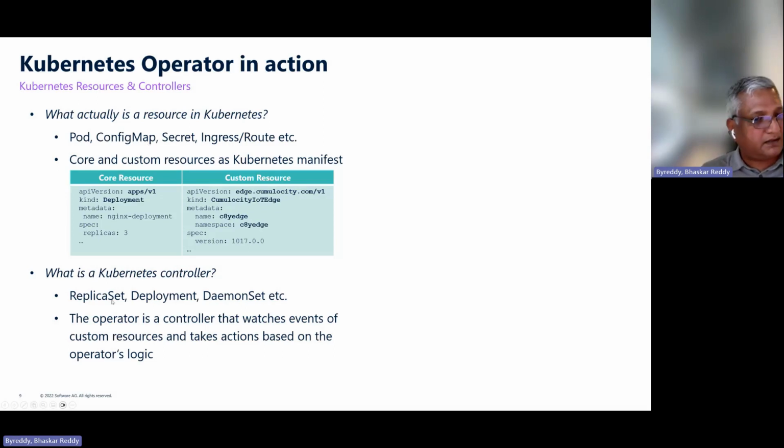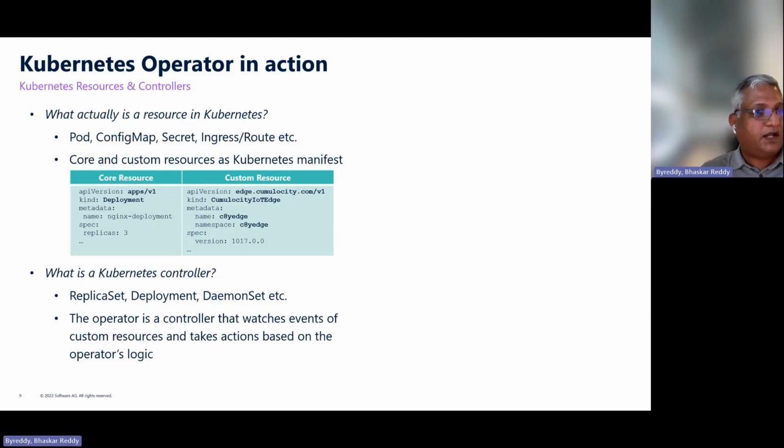For example, a replica set ensures that the number of replica pods that you want to have is always maintained. In the same way, a deployment manages the pod and ensures that the pod is always running.